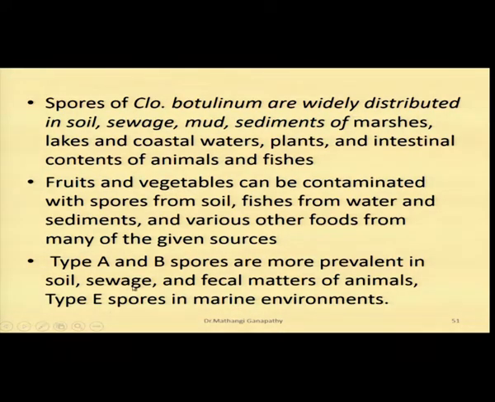So this distinguishes which type of food poisoning a person has obtained. Depending upon the food, for example vegetables, fruits, or if you are eating animals, meat, it can be type A or type B. If it is fish or related products, most probably it would be type E. The toxins of Clostridium botulinum are neurotoxic, as we said before.